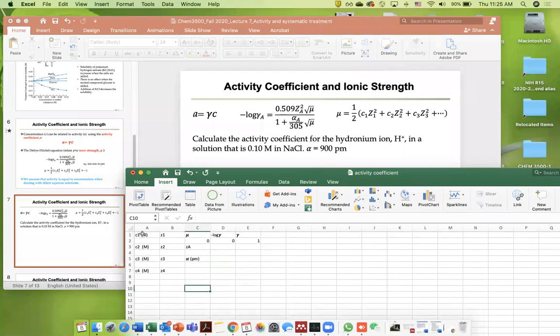The first column, I have the concentrations of all the available ions. So my question for you guys first is, what are the available ions in the solution? NaCl and H. Na, so we have sodium, we have chloride, and you mentioned that we have hydronium.